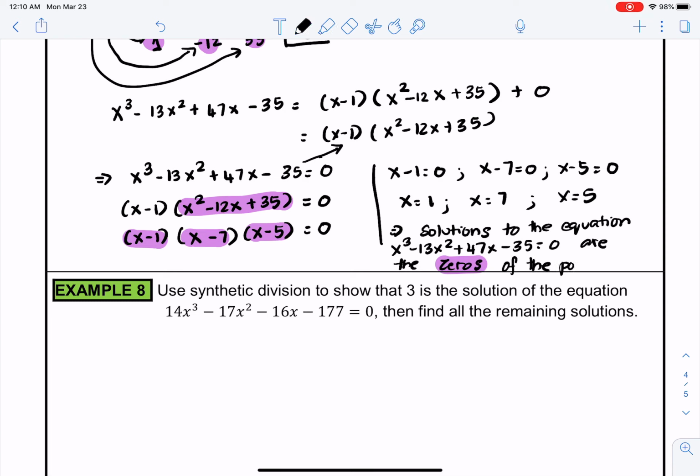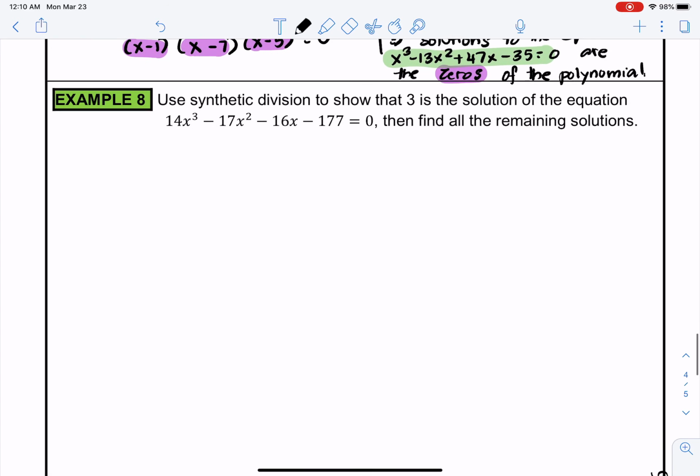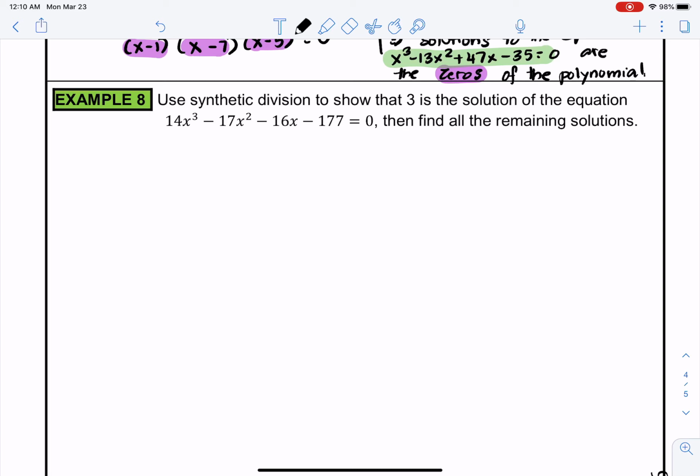And the polynomial in question is that. So here in example 8, we have to show that 3 is a solution of the equation.